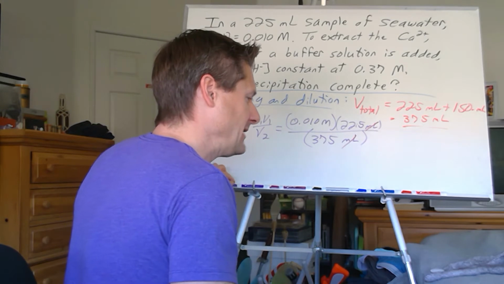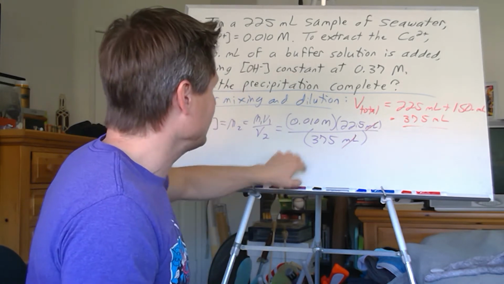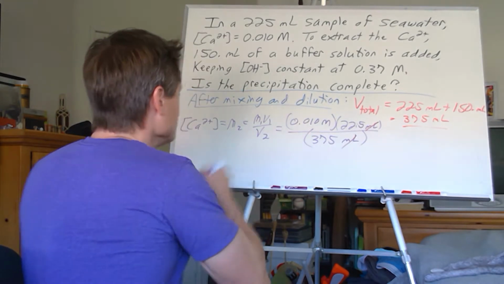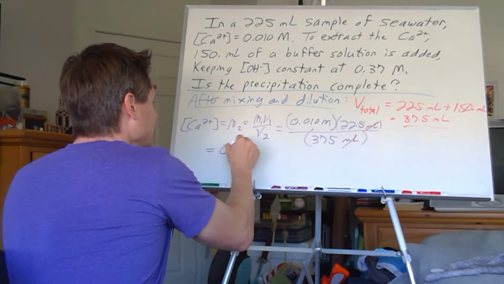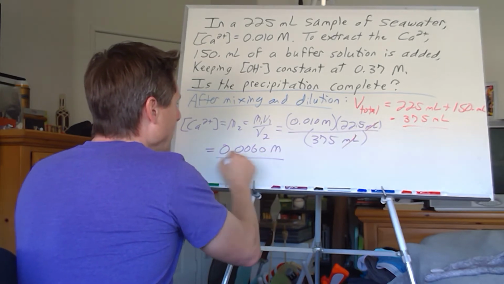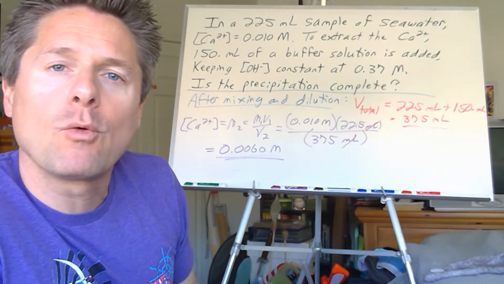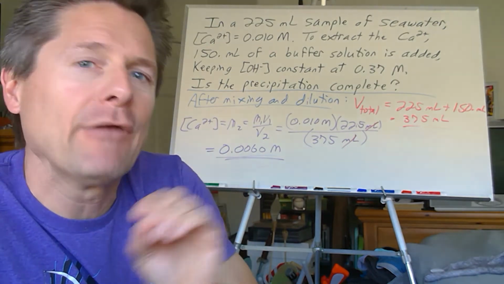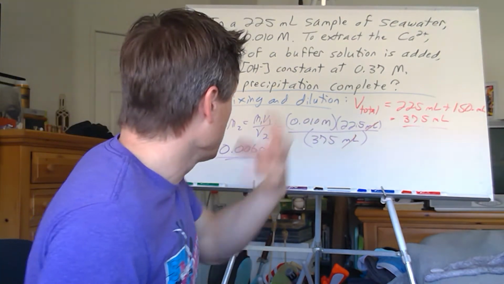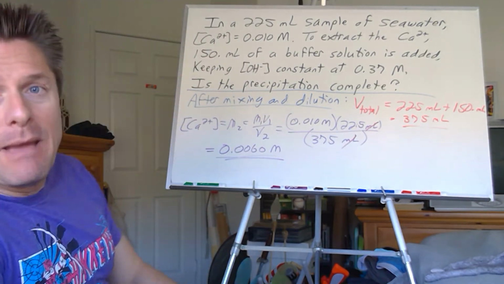So I get 0.0060 molar. We don't have a non-rounded value, so it works out pretty nice. We're going to treat that as our initial calcium ion concentration after dilution, and then we're going to be pulling some out.